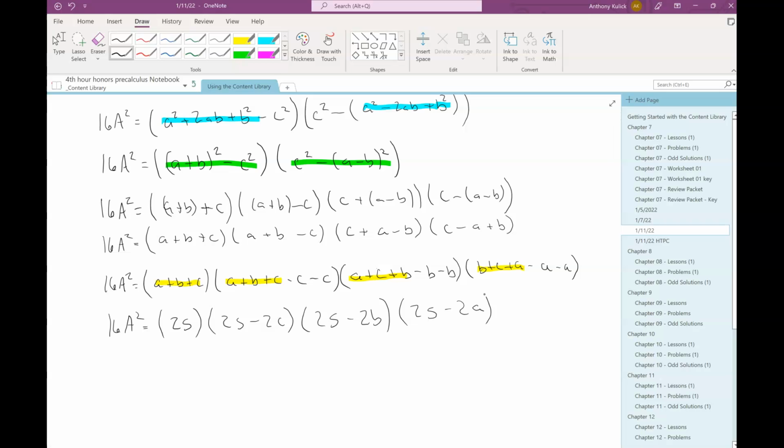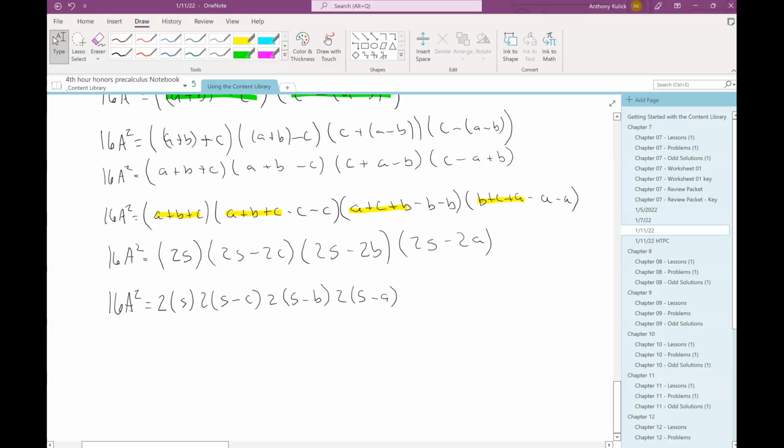If I look at each one of these parentheses, they all have a greatest common factor of 2. So I'm going to factor that 2 out of each of them. Everybody agree with that? And since everything on the right-hand side of that equal sign is being multiplied together, I can multiply that stuff in any order I want.